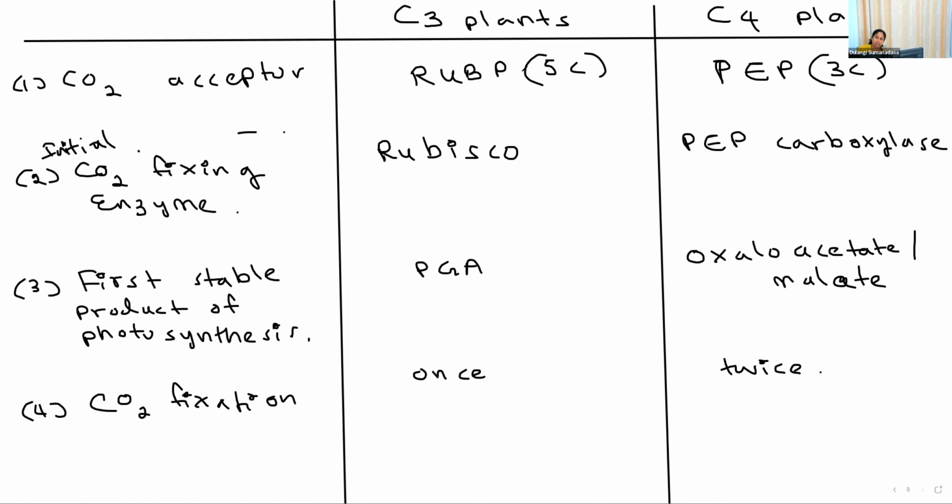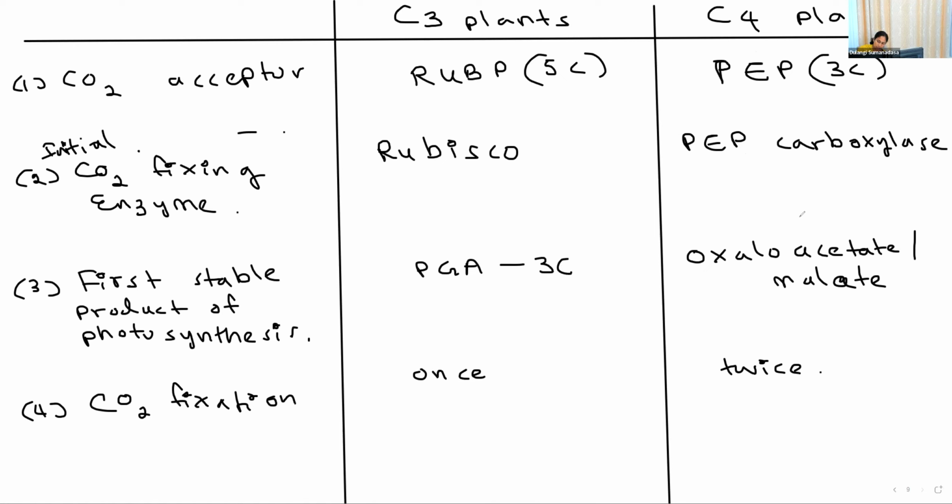The carbon dioxide acceptor is RuBP, a 5-carbon compound. C4 is PEP, a C3 compound. There are two carbon fixations. For the initial carbon fixation in C3, there's only one, always Rubisco. C4's initial one is PEP carboxylase. The first stable compound in C3 is PGA, a 3-carbon compound.